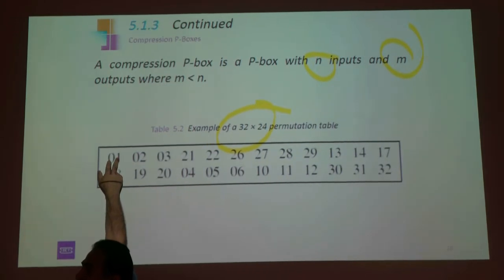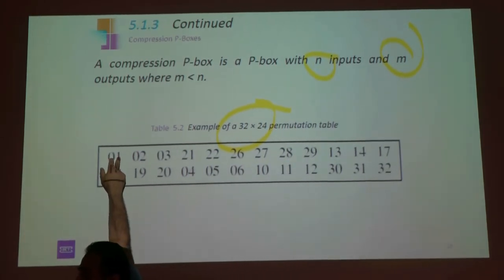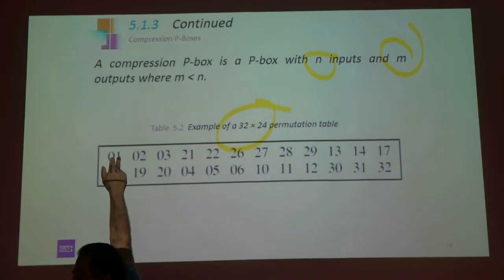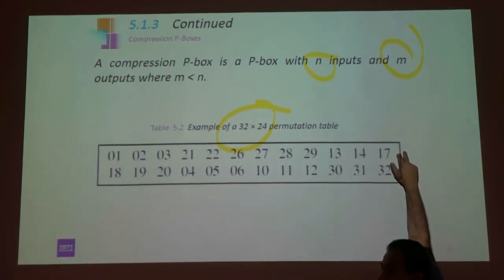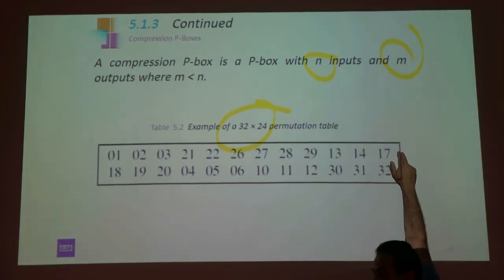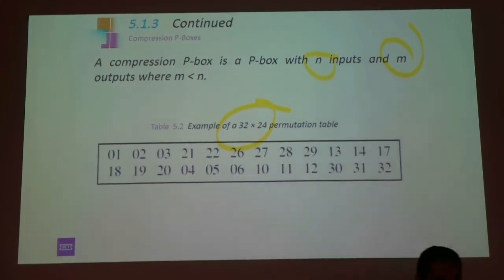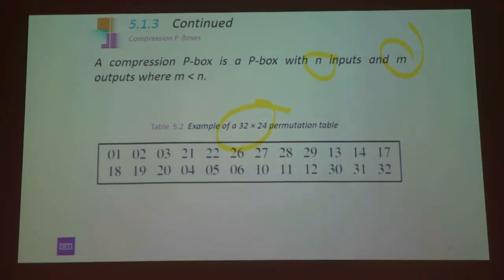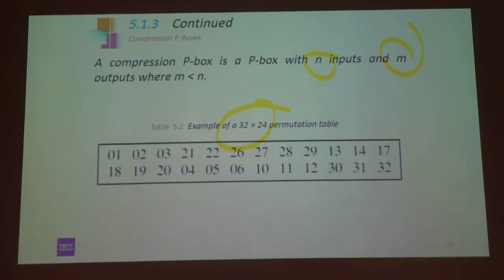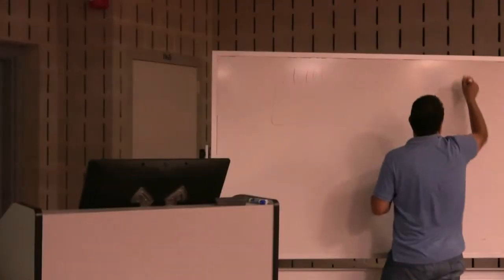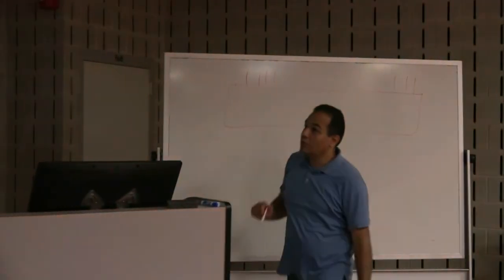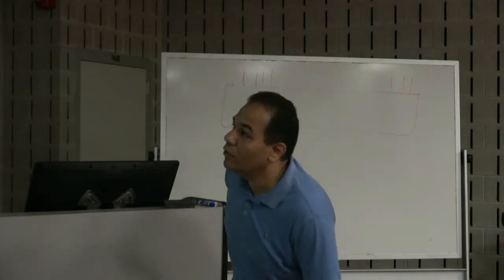So output pin 1, where is it coming from? From input 1. How about 16? Coming from input 17. I'm not sure, so if I have a box like that, with the inputs, how many inputs do I have?